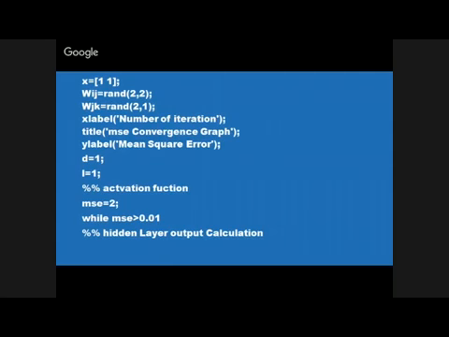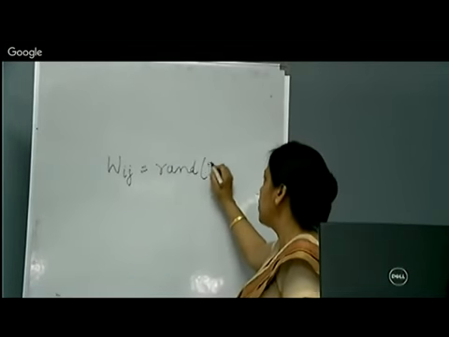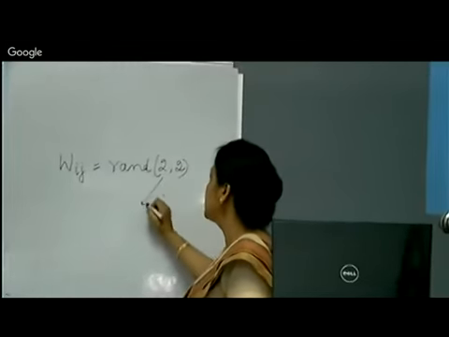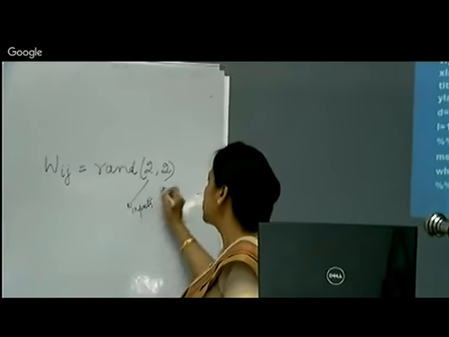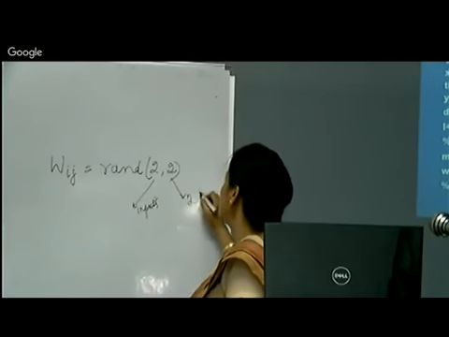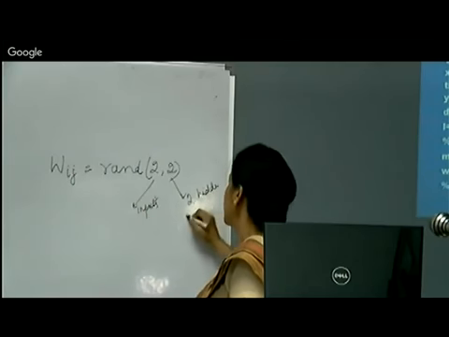There are two random functions, that is rand 2 comma 2 and rand 2 comma 1. Why 2 comma 2? Because in case of the first one, wij, there were two inputs, and the hidden layer outputs are also two.